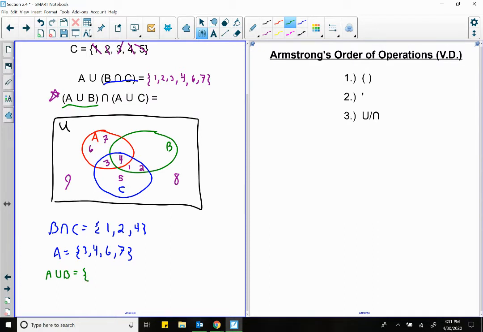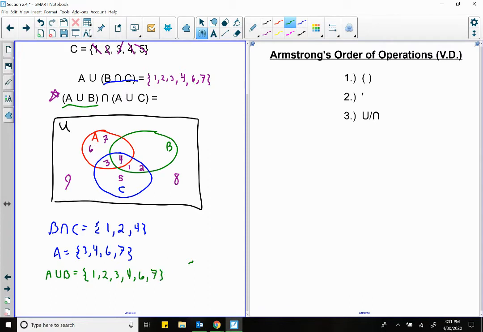A union B says, give me everybody in A and give me everybody in B. So any number within the green circle and the red circle are fair game. So what we have is 1, 2, 3, 4, 6, 7.